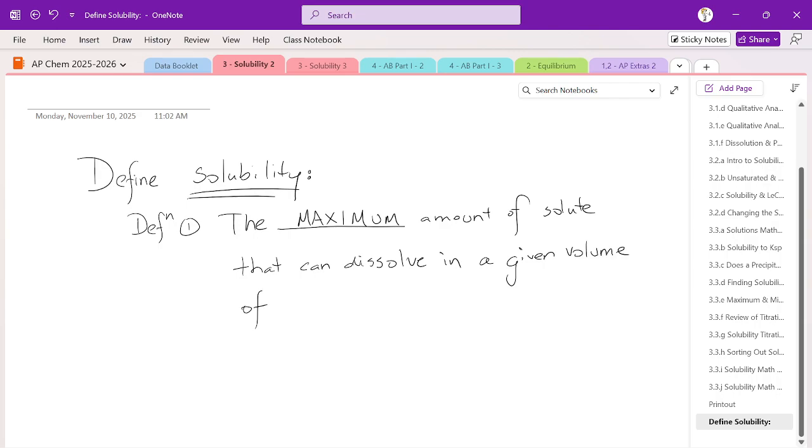of solution. And the reason it's the given amount of solution is, how do we find molarity? Molarity is moles of what?